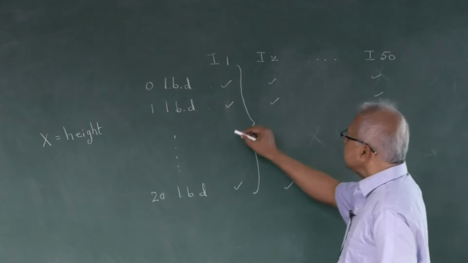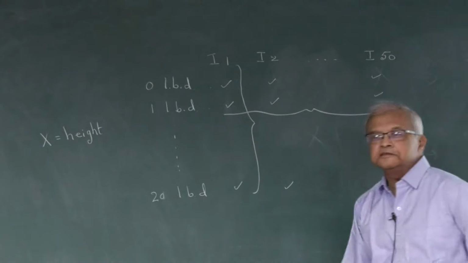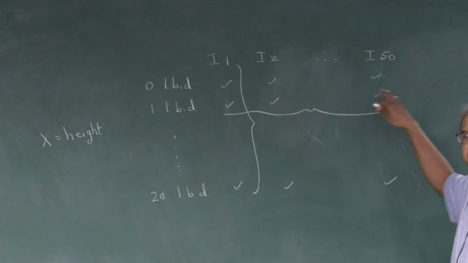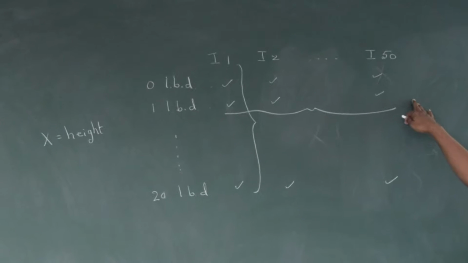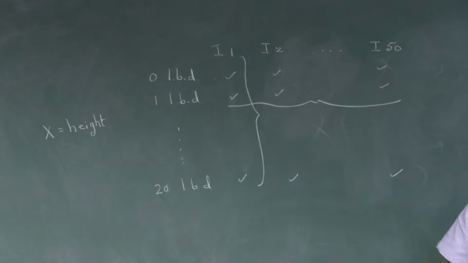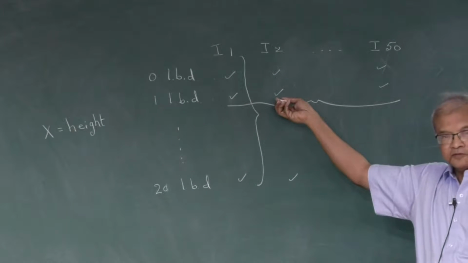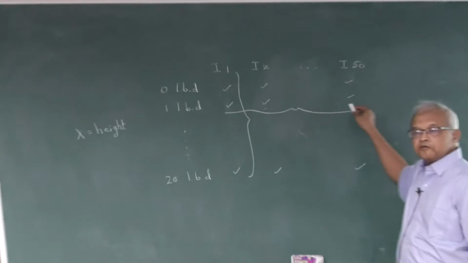If I look at any one of the years, say this year, what do I get? What is this data? This is 50 observations on the size of the 1-year-olds.